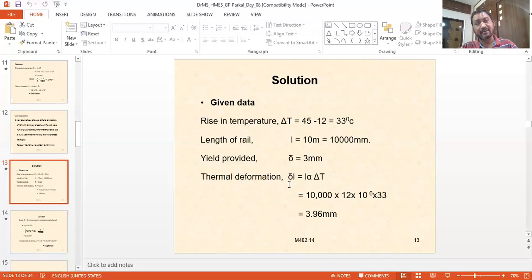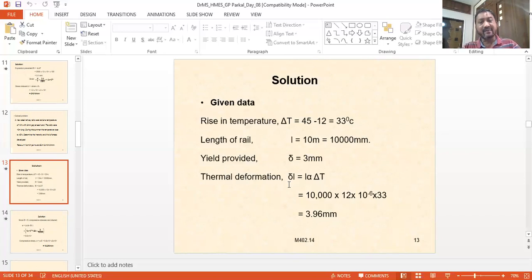The free expansion is allowed up to 3 millimeters, and if the rail expands beyond 3 millimeters, then that free expansion is avoided by the other rail present at that point, and that induces stresses, which we have to find out.